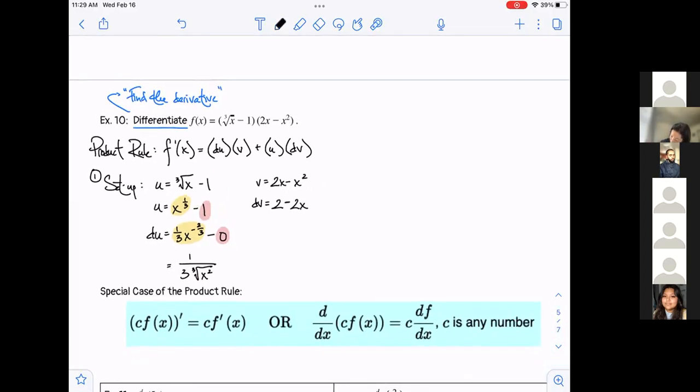Now that we have our setup, let's go ahead and use product rule. Right.